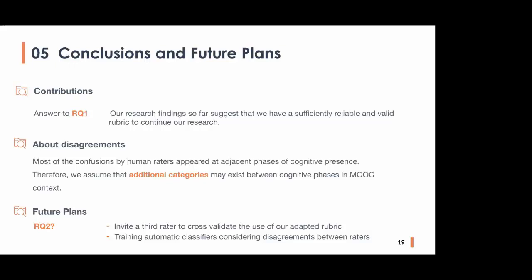Another important point is that another purpose of applying machine learning techniques in educational research should be to pinpoint research bias that scholars might never intend, or that we cannot find without computer support. So our next goal is to develop automatic classifiers that not only cater for agreements, but also consider the disagreements between human raters.